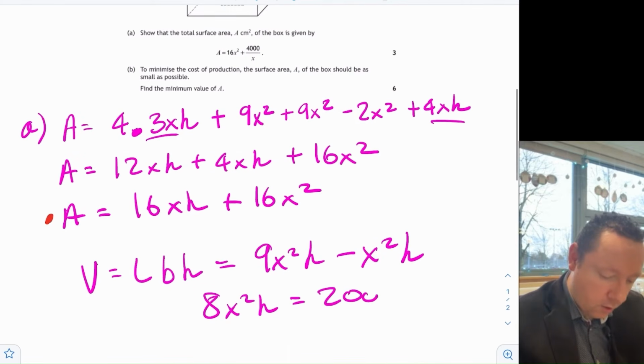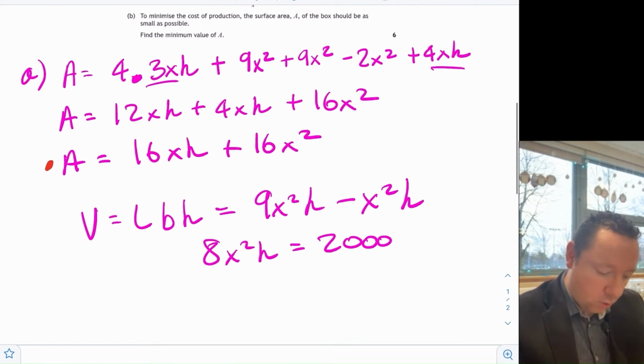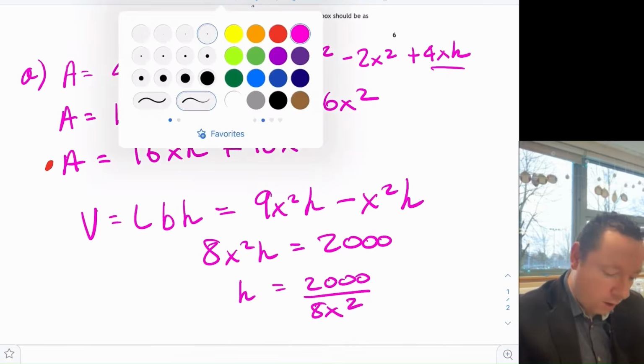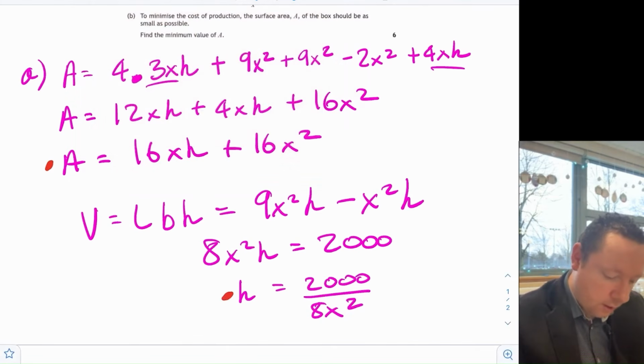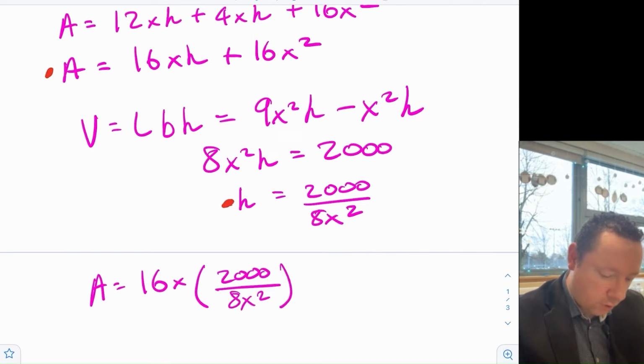So I can now eliminate h from my area by rearranging this equation to make h the subject. So that means that h equals 2000 divided by 8x squared. A mark for getting h. Now we just need to substitute it into A. So our A is 16x times h, 2000 over 8x squared. And we've got still plus 16x squared.